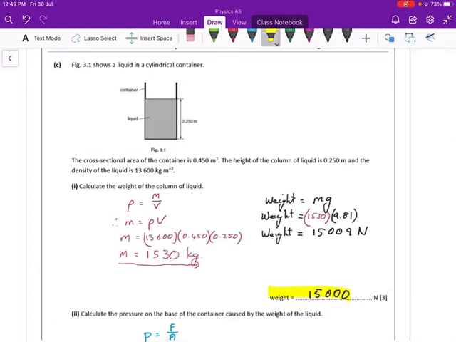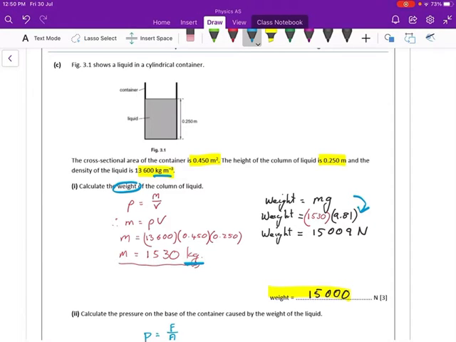Nothing too weird. You needed to think about, okay, we've got this container, there's a specific cross-sectional area, there's a specific height, and they give density. Look again at the units. Are they in the correct unit? Yes. That means my mass is going to be in kilograms. They're not looking for mass, they're looking for weight. You needed to convert by multiplying by 9.81.